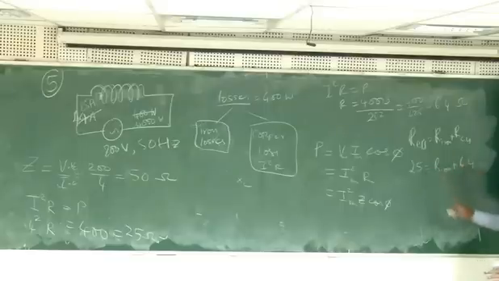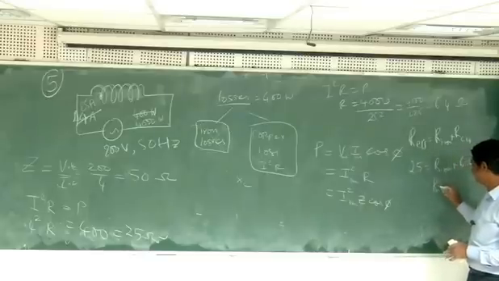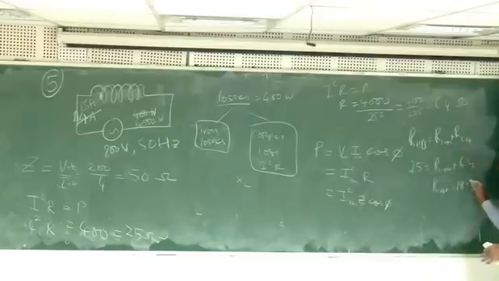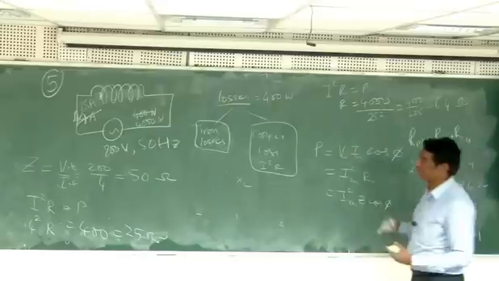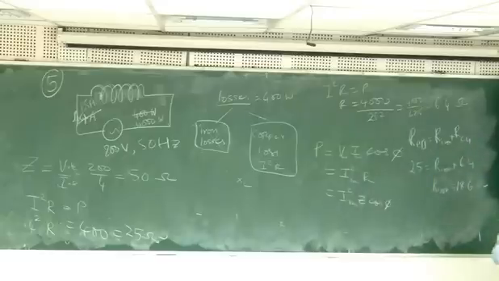If you subtract 6.4, it will be 18.6 ohms. This resistance represents the behavior of an iron core.